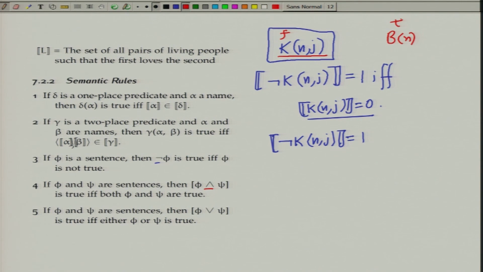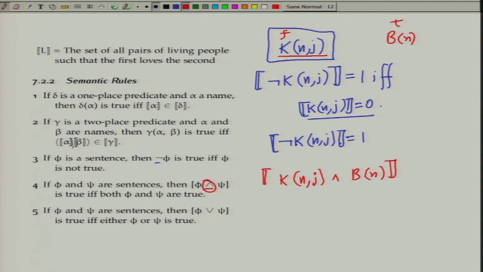Not that they are actually true or false, but we assume so depending on our model. Now, by combining these two, we can have K n j and B n. What will be the truth value of this?